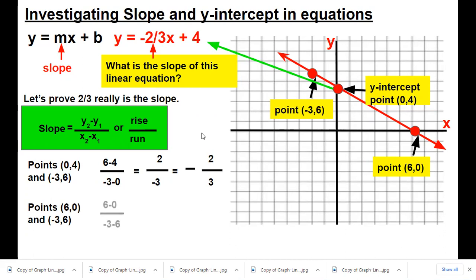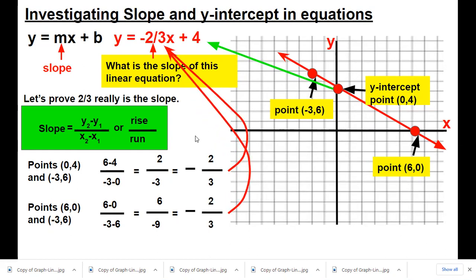So our y values, 6 minus 0, our x values, -3 minus 6. You subtract, you get 6 over -9, because remember, -3 minus 6 is really -9. It's like -3 plus -6. And then we reduce that, we get -2/3. Yay, that's our slope. So that worked out. So we did that right.